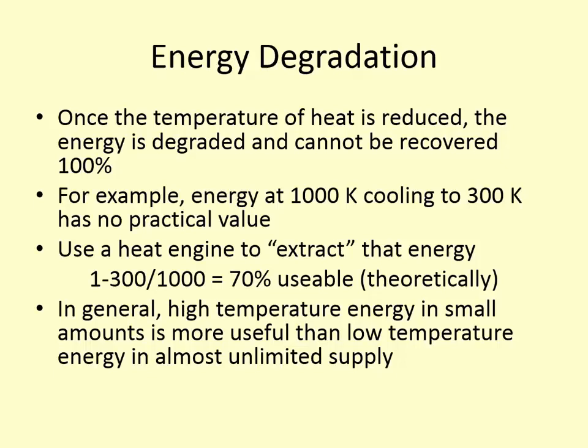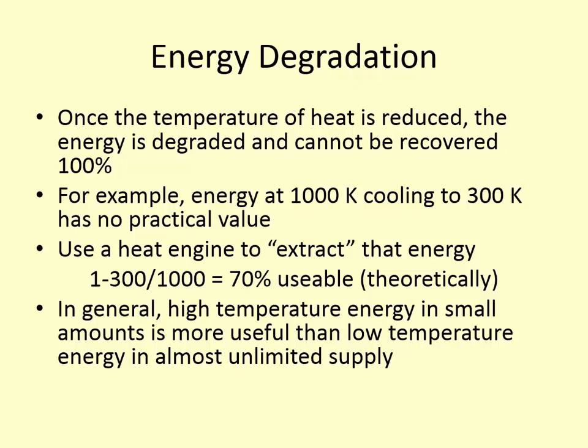Once the temperature of the heat source is reduced, the energy is degraded, and it can't be recovered 100%. So even though we can use these solar collectors to collect this incident sunlight, we're still not getting all of the energy that we would have got if we got it directly from the sun. If we have energy at 1,000 Kelvin cooling to 300 Kelvin, there's really no practical value in that to us.